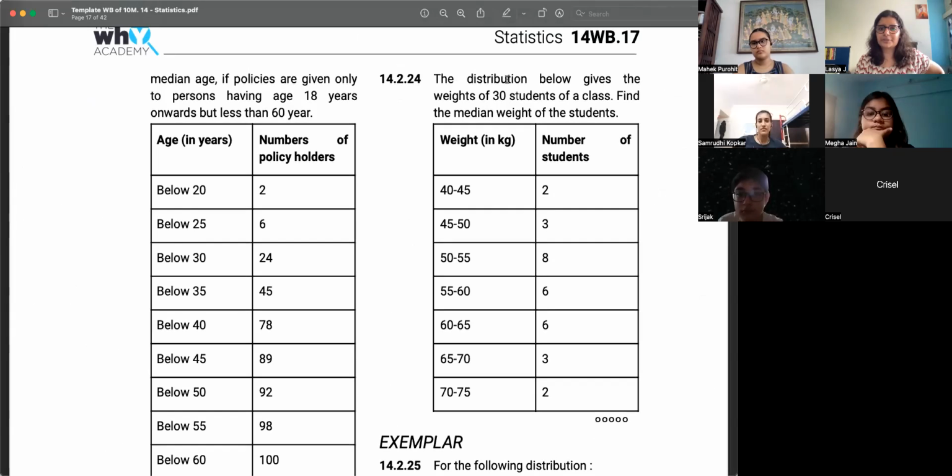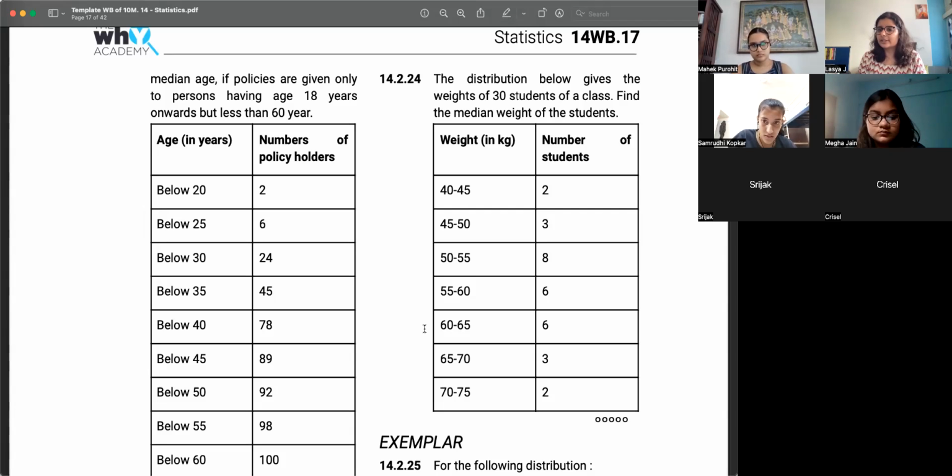24. This is also pretty direct. Distribution gives weight of 30 students. Find the median weight of the students. Now you'll have to make the table and all, right? So don't worry, take some time. Make sure that your answer is correct. Focus on that. It's okay even if you're doing it a little slow, but make sure that it's right.